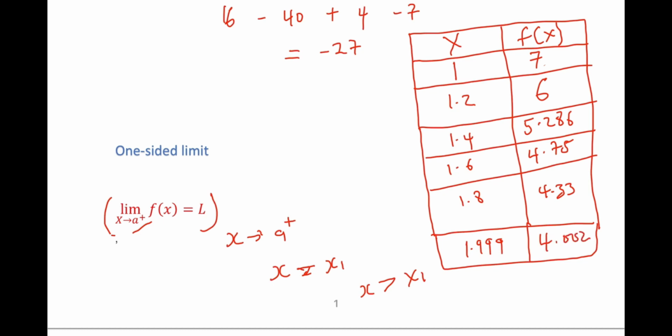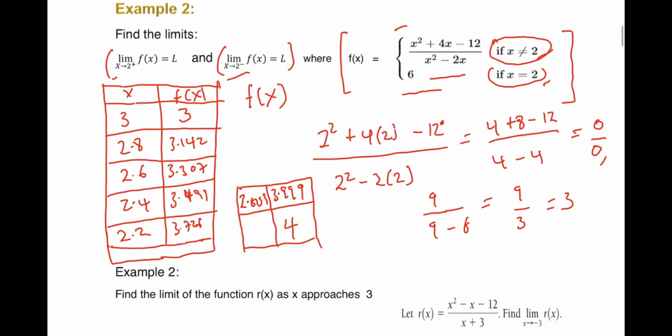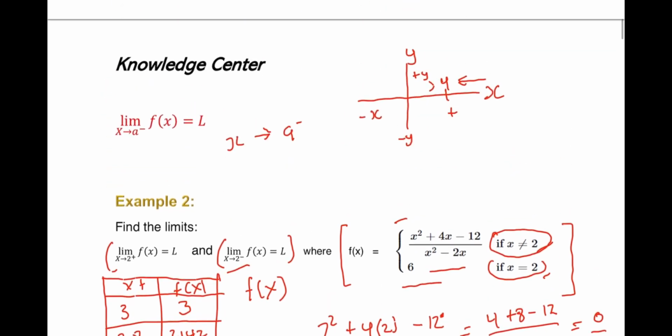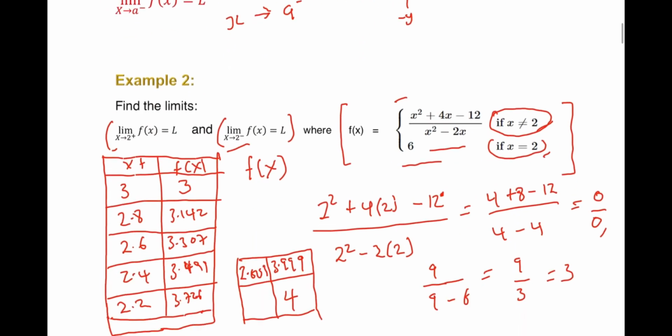4.002. So as you can see here, evaluating the limit from the left and from the right, they are all approaching a particular value, which is what? 4. But look at it, when you plug in 2 directly, we get an indeterminate form, which means it's undefined, and someone will just predict that the limit does not exist, of which we'll talk about later.